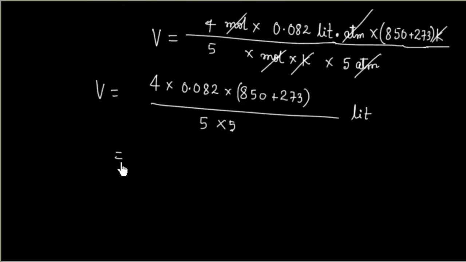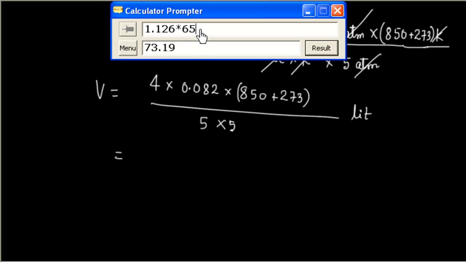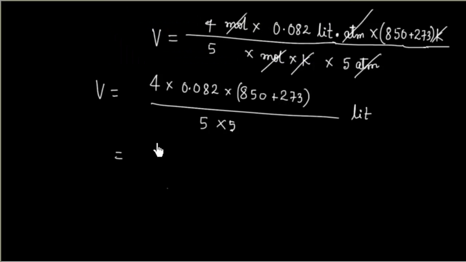So let us use the calculator. 50 plus 273 is 323. So 4 into 0.082, 323, and divided by 5 into 5, that is 25.